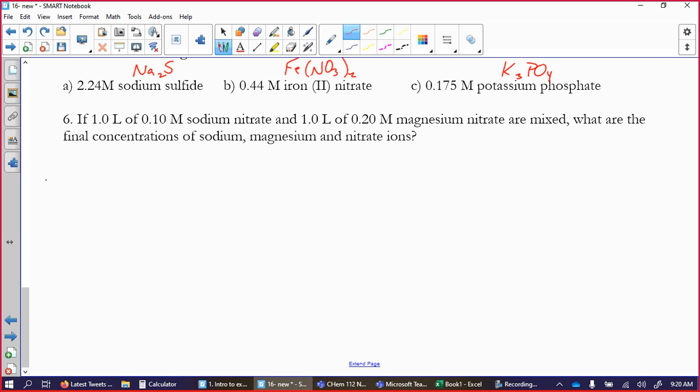This is a nifty question. If a liter of 0.1 moles per liter sodium nitrate and a liter of magnesium nitrate are mixed, what is the concentration of sodium, magnesium, and nitrate ions? This gets to be kind of entertaining because sodium nitrate will dissolve and go to sodium ions.